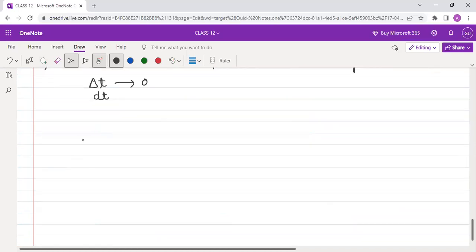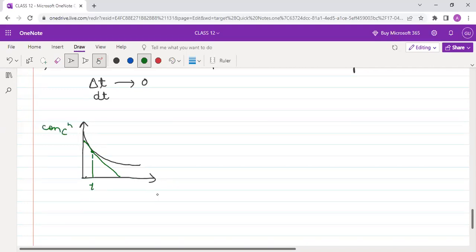So now the same graph is there for reactants and products. Just now we'll calculate the slope of the tangent. So the graph is like this, and we have to calculate the instantaneous rate of the reaction at a particular time. So we'll draw the tangent at a particular time. Suppose we have to find out the rate of the reaction at this time.